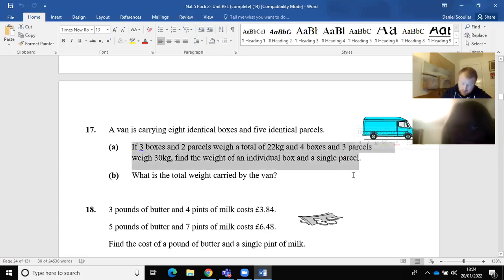Okay, that's unknown. Let me just write this down. So 3b plus 2p, 4b plus 3p.